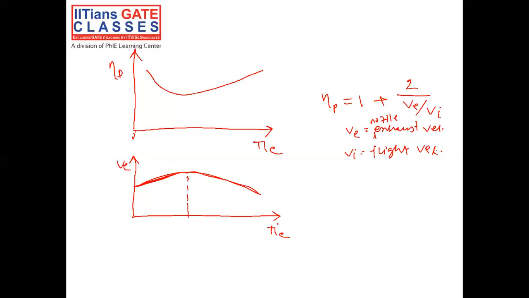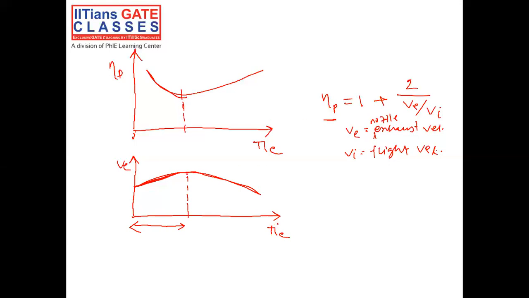Now, in the first part, when the exhaust velocity is increasing with increasing compressor pressure ratio, from this equation we can see that as Ve increases, eta p will decrease, which means propulsion efficiency will decrease up to this limit.